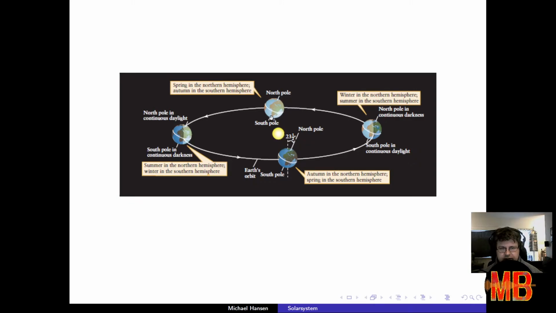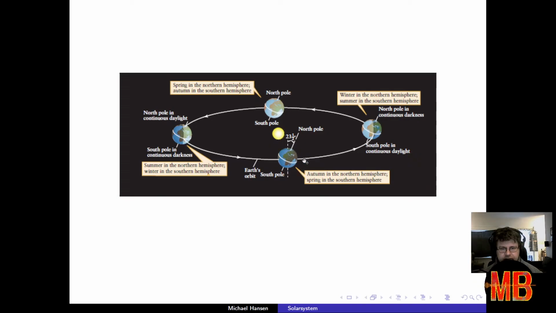We still have daytime differences, but the day length will be the same because the rotational axis is parallel to the orbital direction. In the summer solstice, the North Pole will be in continuous daylight and the South Pole will be in continuous darkness. And as you move from the North Pole down to the South Pole, the nights will become longer and the days will become shorter.